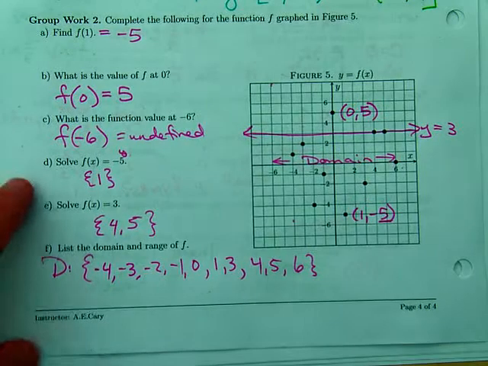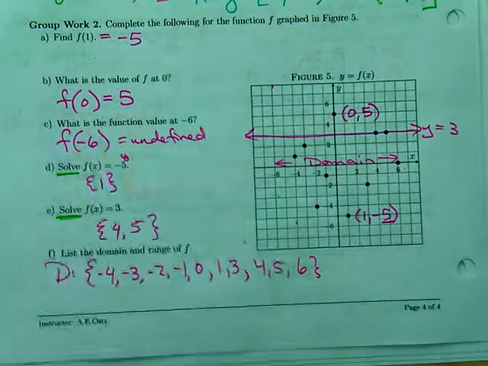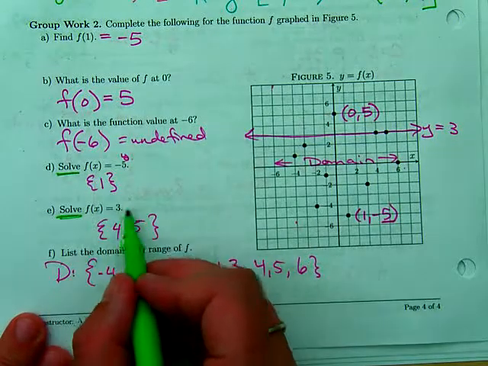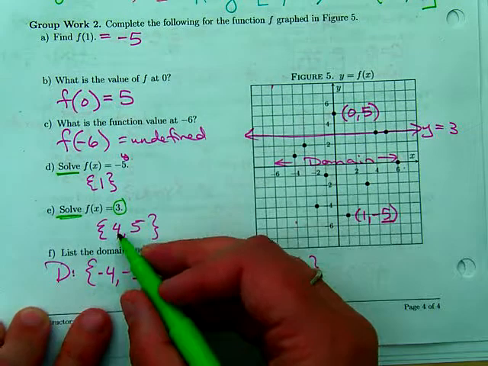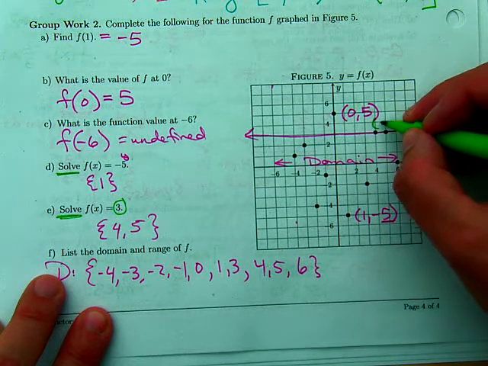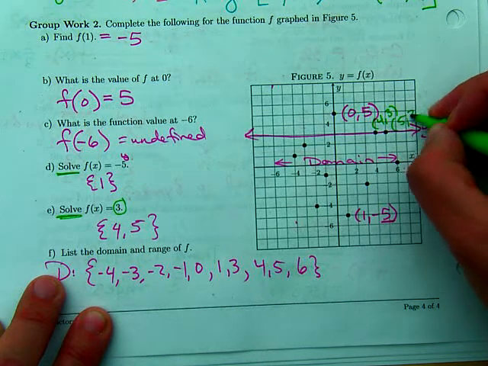D and E, yes. Right. So for the solve for these, we're looking for the x value that corresponds to that y value. For example, for E, these ordered pairs right here are (4, 3) and (5, 3).